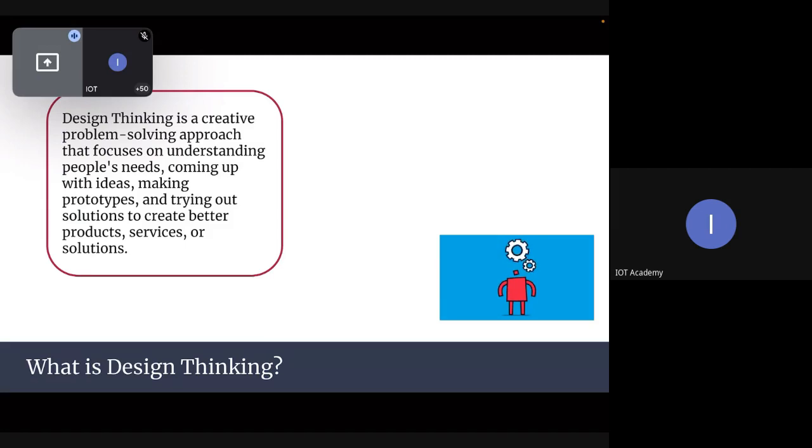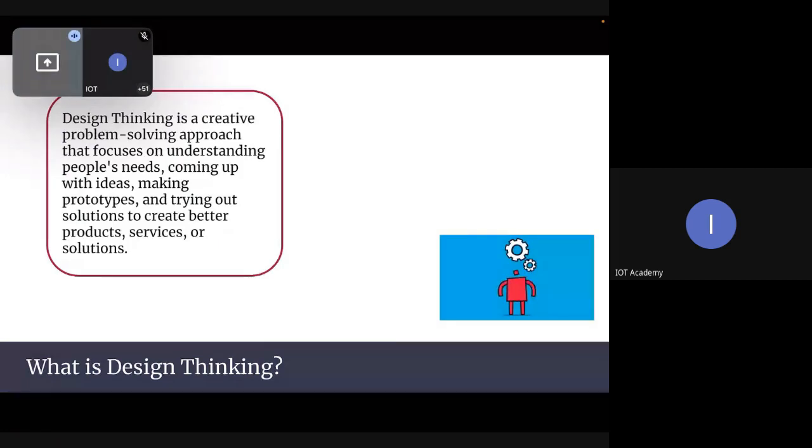You make prototypes of your ideas to solve the problems and try to find solutions to create better products, better services, or better solutions. So basically, it's an approach to solve the problem by thinking out of the box. It's a process which tells you how to solve the problem.